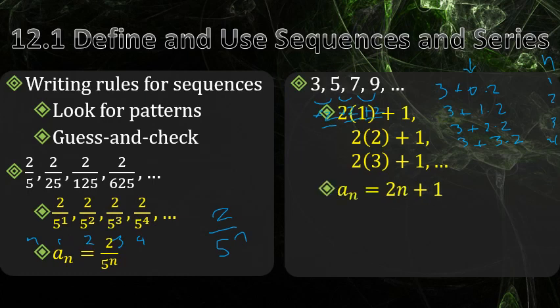So this appears to be 3 plus n minus 1 times 2. If we distribute, that'd be 3 plus 2n minus 2, or 2n plus 1.